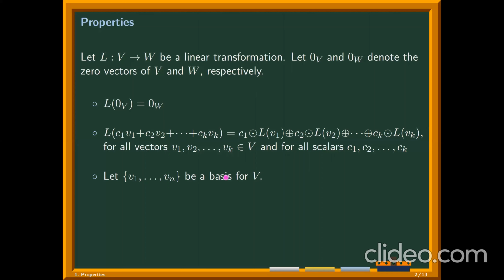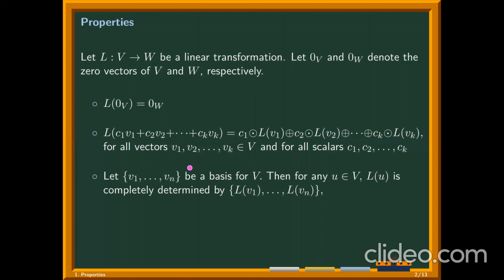Consequently, if you have a basis for V, then this second property implies that for any u in the domain, the image of that vector is completely determined by the images under L of the basis elements.